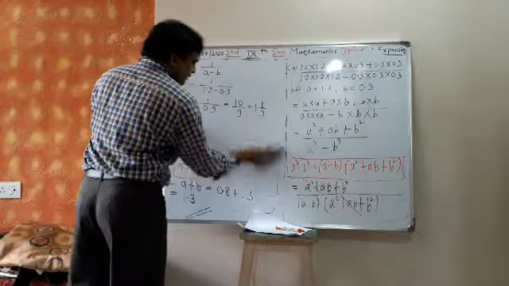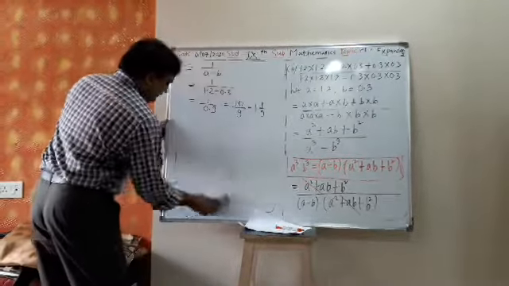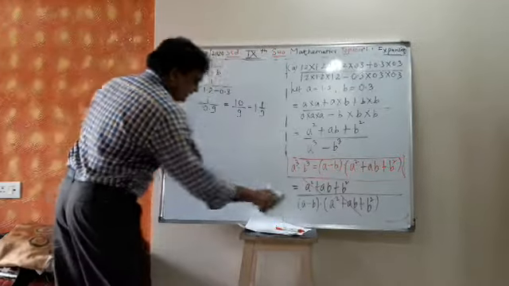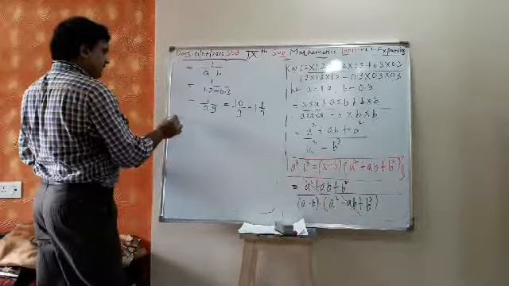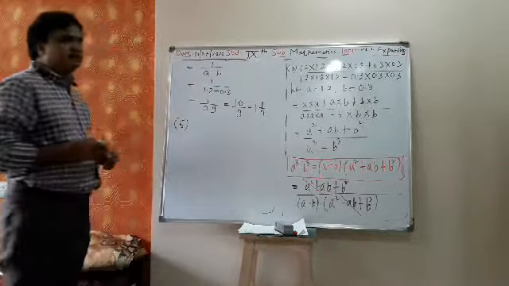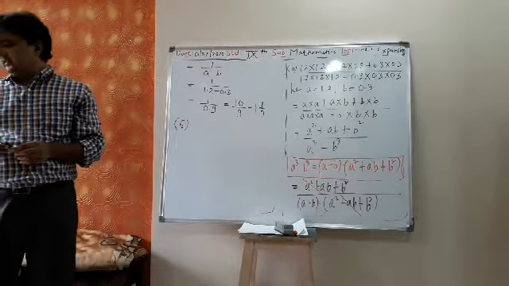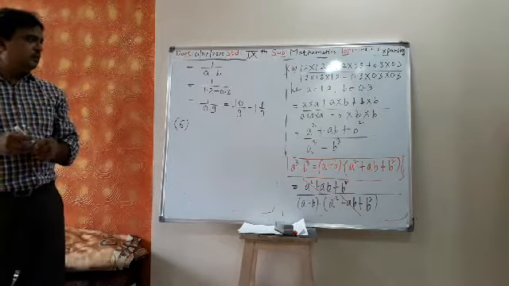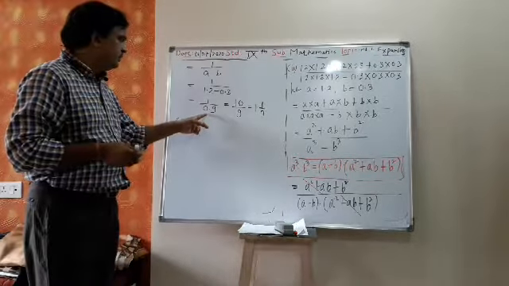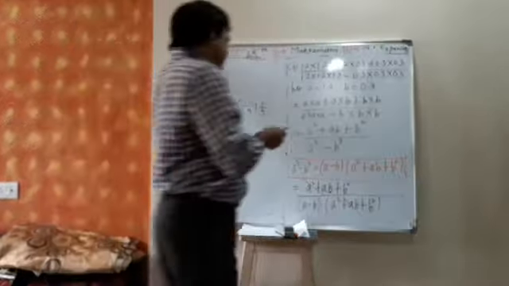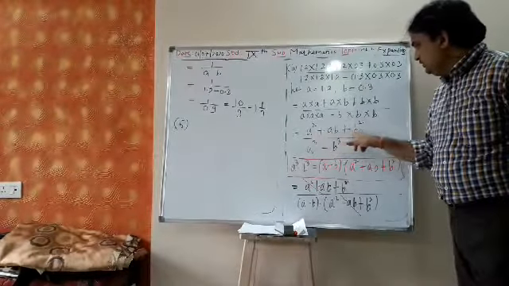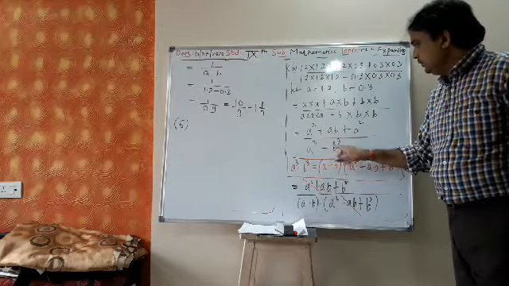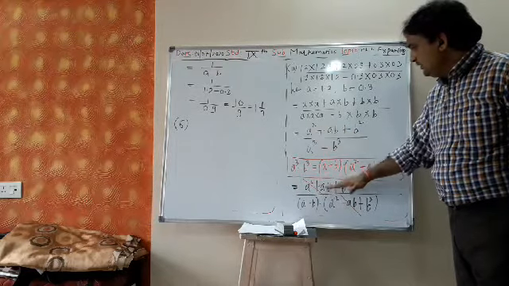Both exercise 4 and 5 are important. Let us see exercise number 6. This last step: see, this is a square plus ab plus b square upon a cube minus b cube. Numerator I have written as it is.